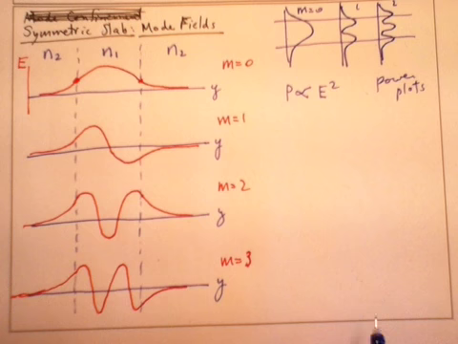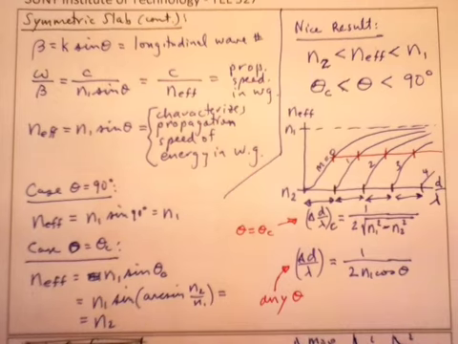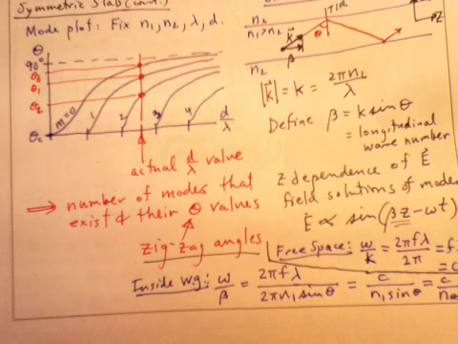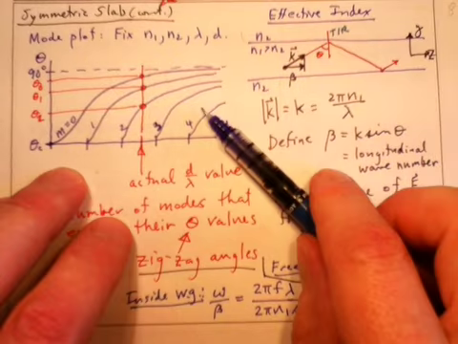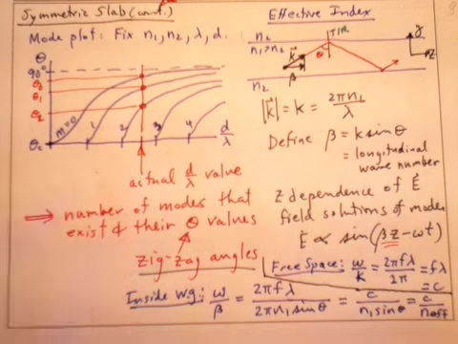So one thing that's interesting about this is it helps explain something which seems kind of crazy. Let me go back to this mode diagram, and we're going to ask ourselves, suppose we do have multiple modes, and suppose that this is my actual d over lambda value, and suppose that we see there are three modes here, and they're at three different zigzag angles.